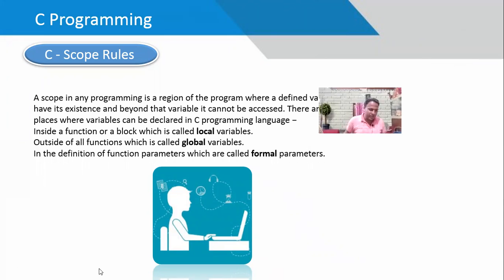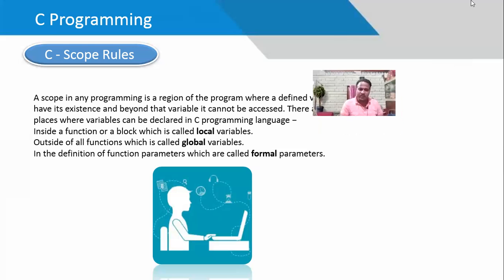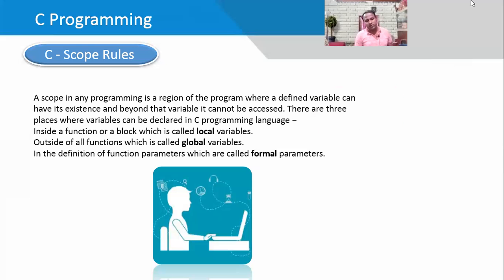You can define a variable in two locations: one is inside the function, another is outside of the function. When you define a variable inside a function body, it is called a local variable.